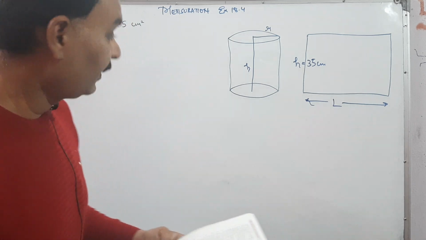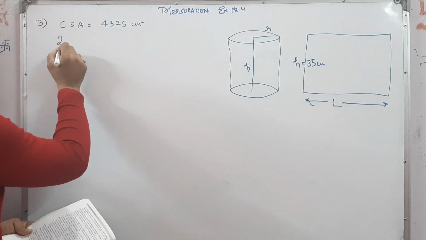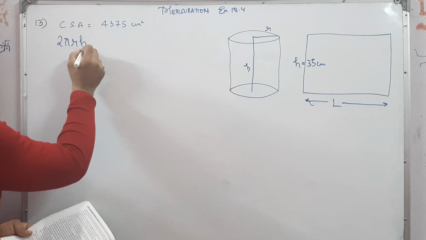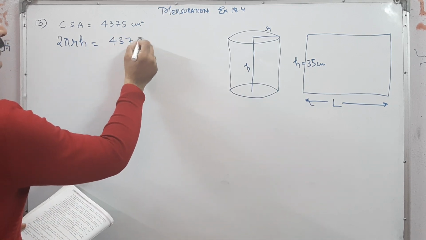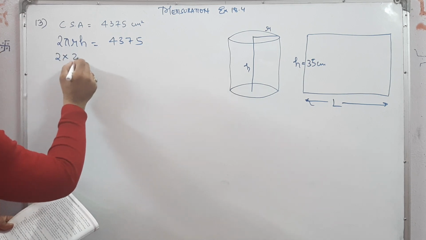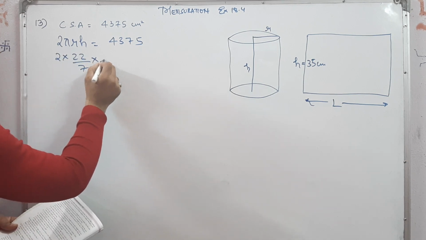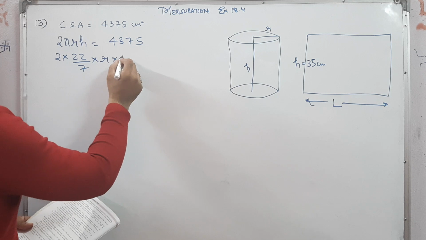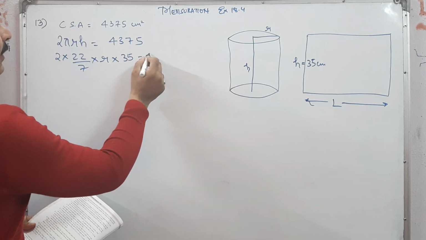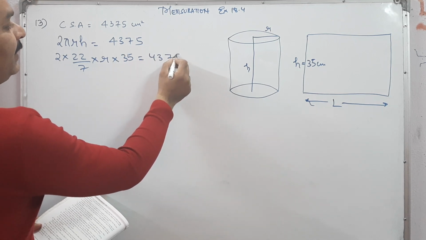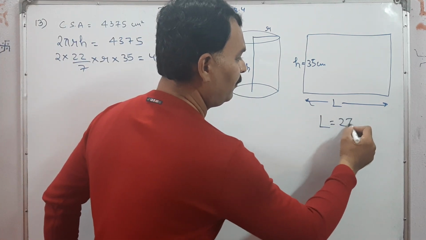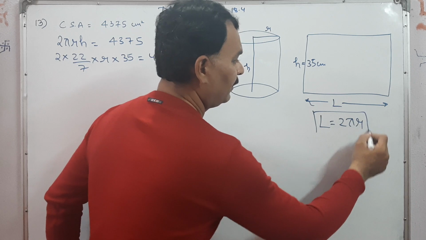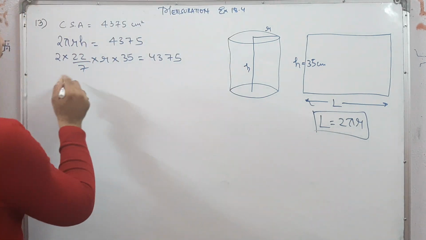And so as to find out the perimeter of the base, we need to find out R. So curved surface area is given. So we all know that the curved surface area of a cylinder is 2 pi RH. Substituting the values, 2 into 22 by 7, R we need to find out, H is 35, is equal to 4375. Okay, we see that L will be equal to 2 pi R only. So I'm not going to solve this.